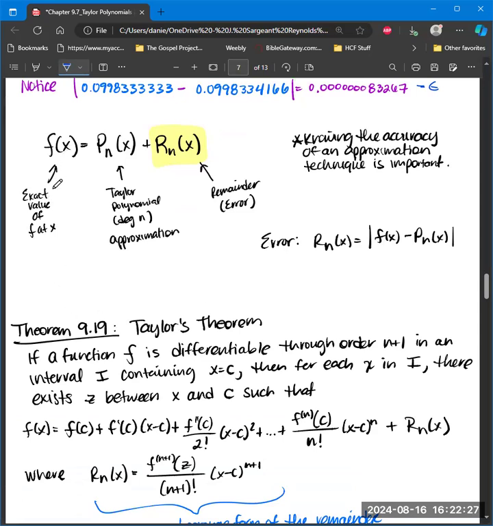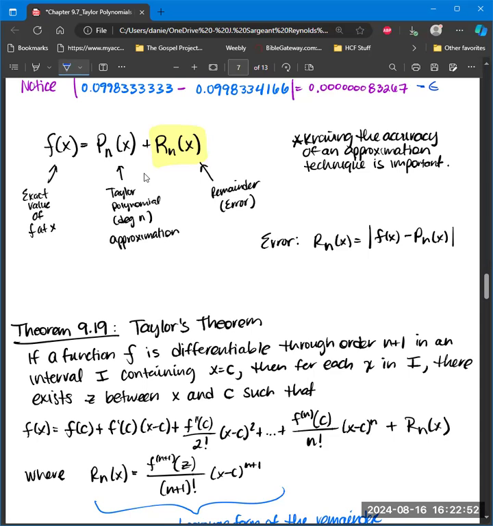All right, so f of x is the exact value of f at x, and that should be exactly equal to p of n, if I account for all the terms, the polynomial of degree n approximation, plus there's going to be some remainder or some error, epsilon is what we called it just a second ago, some margin of error.